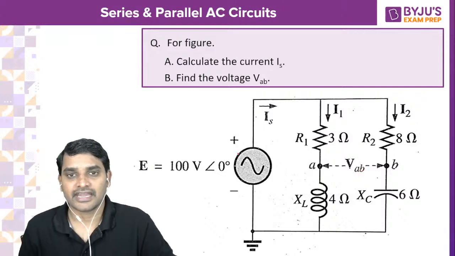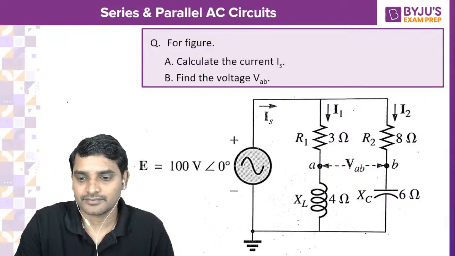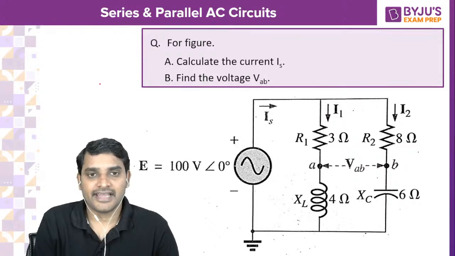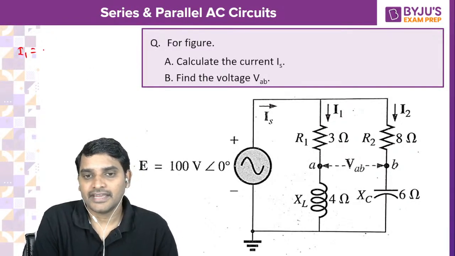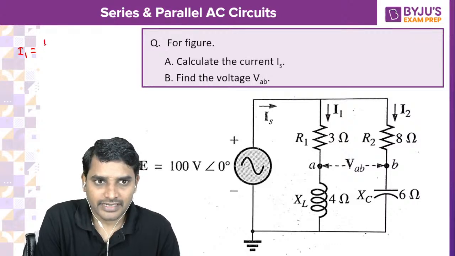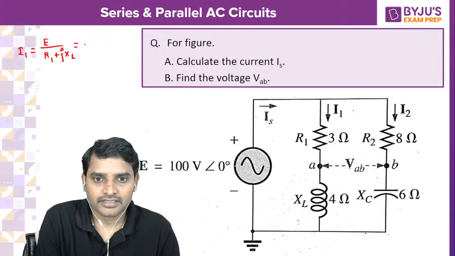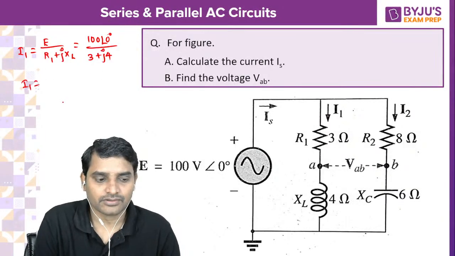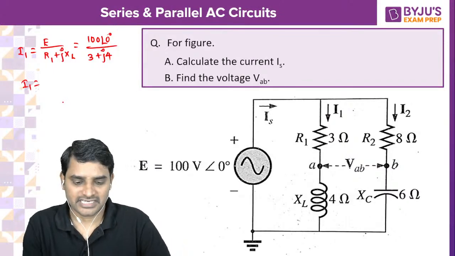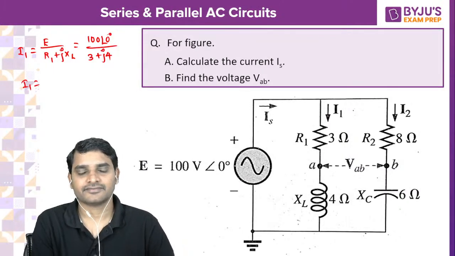So I am going ahead first with the I1 and I2 calculations. I1 will be E divided by R1 plus jXL. E is 100 at an angle 0. R1 is 3, jXL is plus j4. So the magnitude is root of 3 square plus 4 square, 9 plus 16, which is 25.